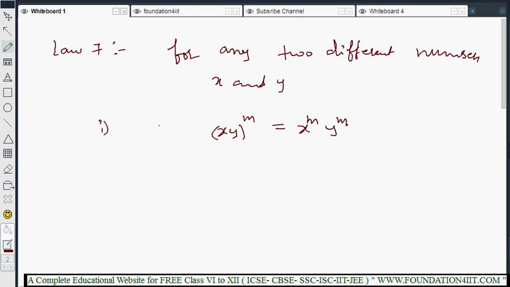So the power m I can split for both, multiplying. Or else, x by y whole to the power m, then also I can write x to the power m by y to the power m. So that power value we can split to the numerator and denominator, where m is any positive integer.